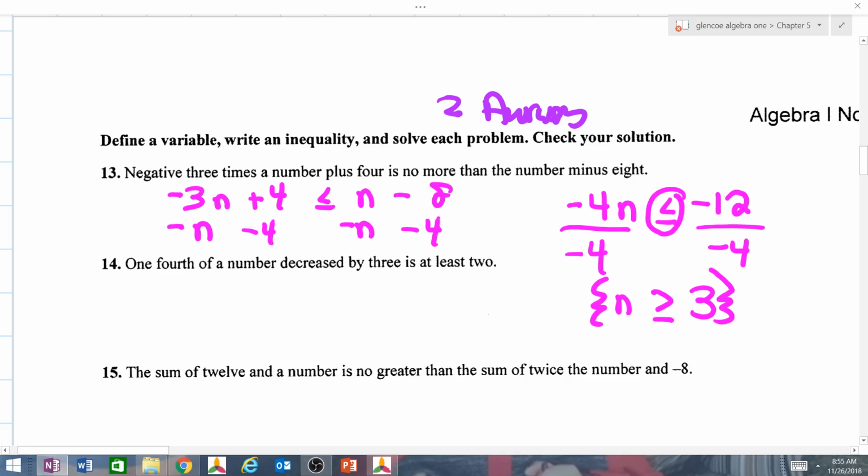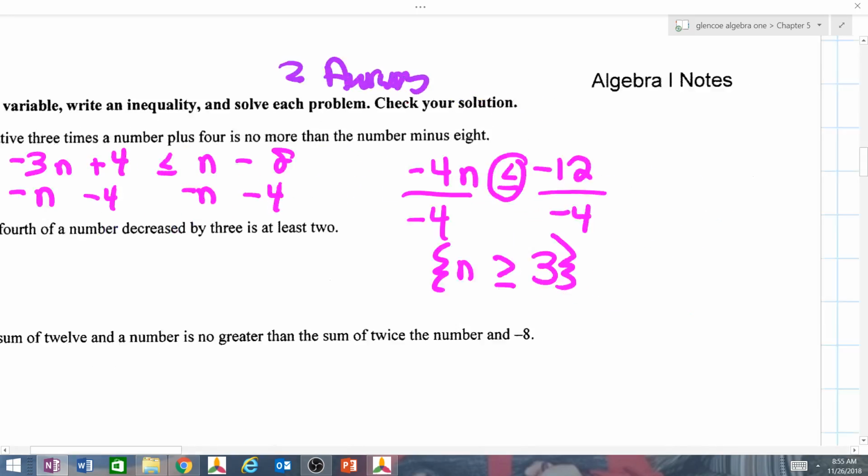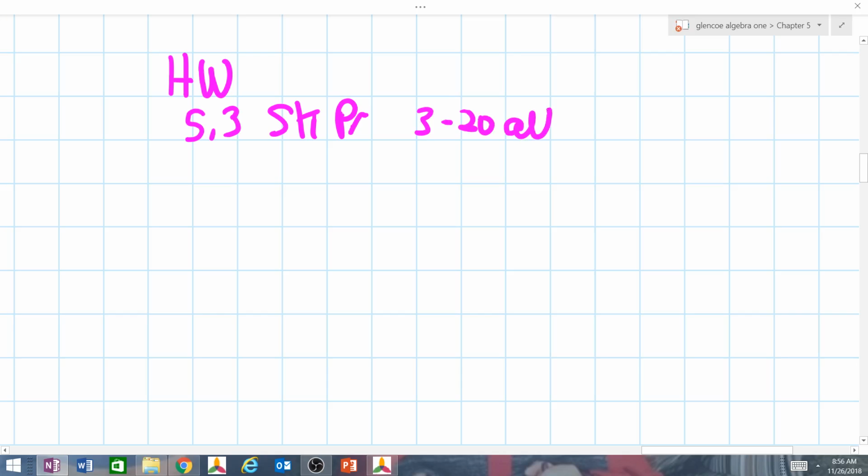Your homework this evening is 5.3 skills practice 3 through 20 all. So let me just take a minute over here. If you want to get ambitious, you can start the test review, and I'll tell you what the test review is in a minute. 5.3 skills practice 3 through 20 all.